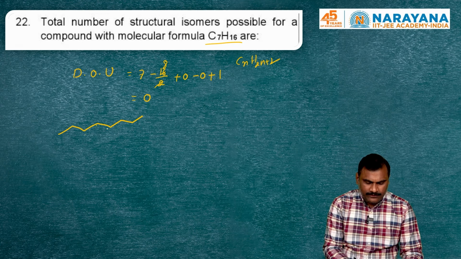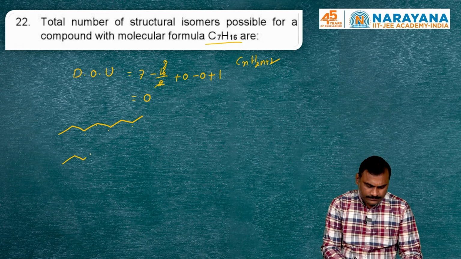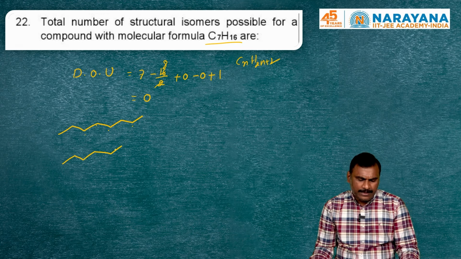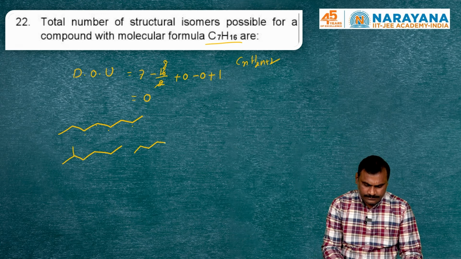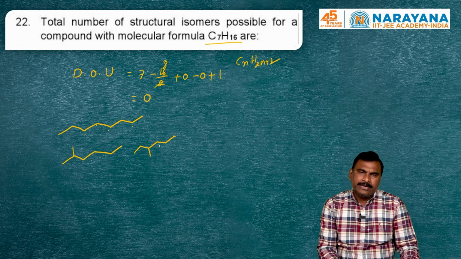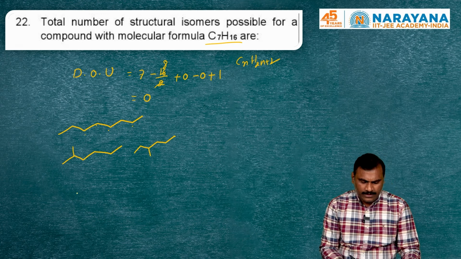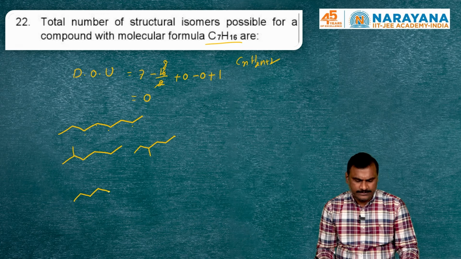1, 2, 3, 4, 5, 6, 7. This is one possibility. I am replacing one carbon. I want to keep it either here or here. If I place it here, it becomes the same again. This time I want to remove 2 carbons.